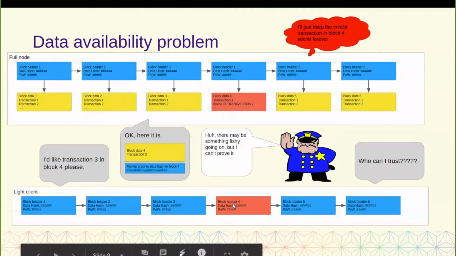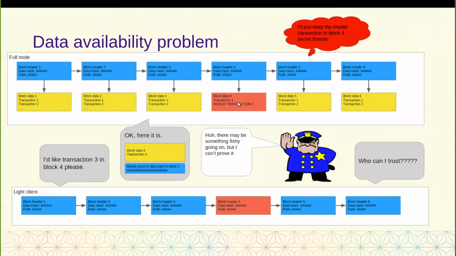Okay, so now let's look at a second situation. So we have the same thing again. We have this invalid transaction here, but now our full node somehow managed to keep this data from everyone else. So here I'm saying that, I'll just keep the invalid transaction in block 4 secret forever, right?